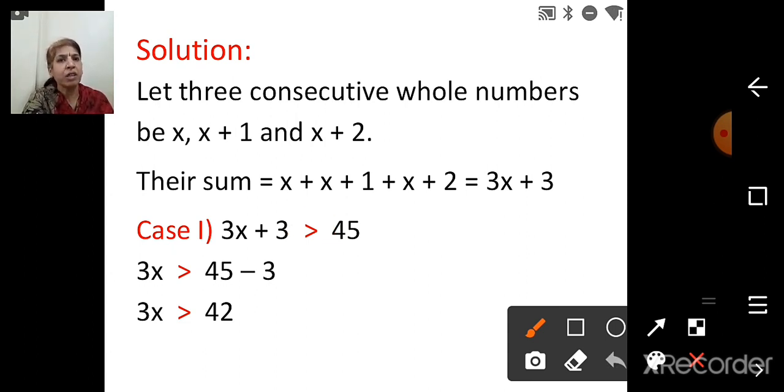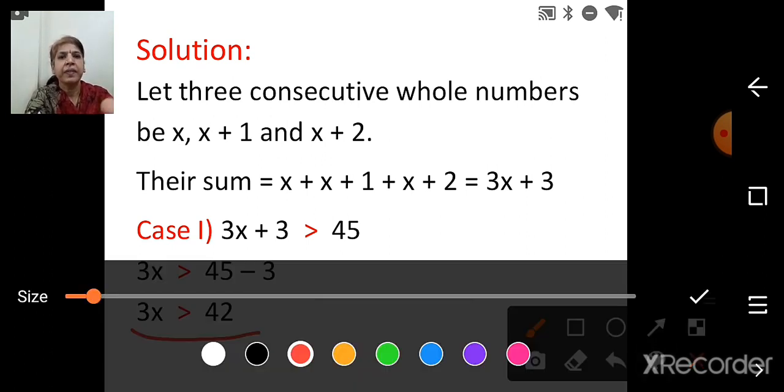How were we doing the solving of the equation? With the greater sign. Now 3x is greater than. Now you know positive 3 is going to the other side, right? So it will become minus. So 3x greater than 45 minus 3. Now what is 45 minus 3? It is 42. 3x greater than 42.